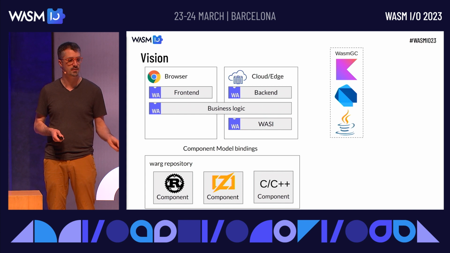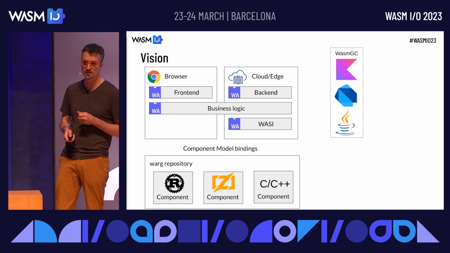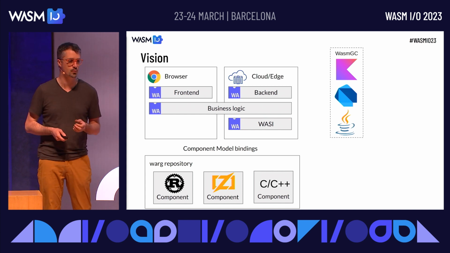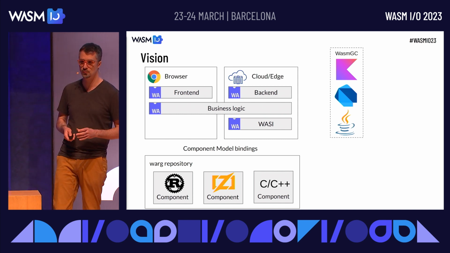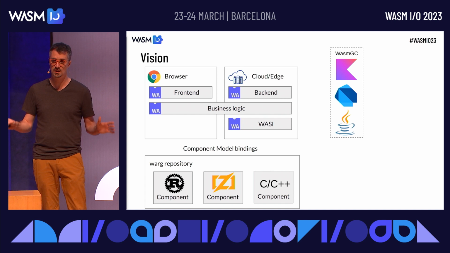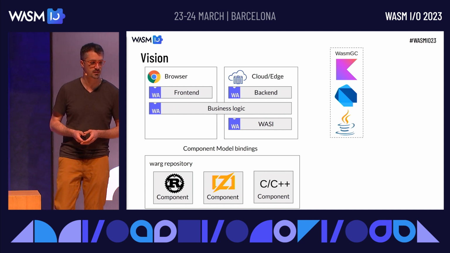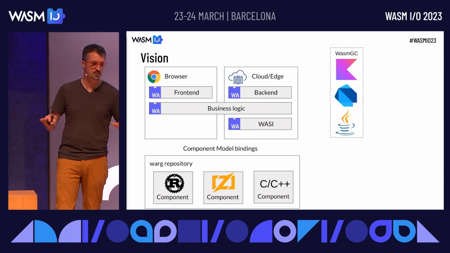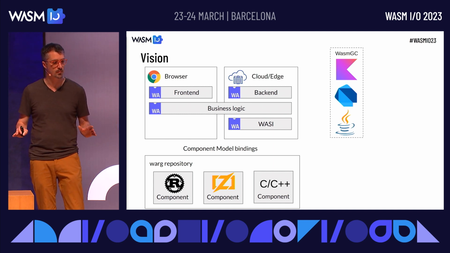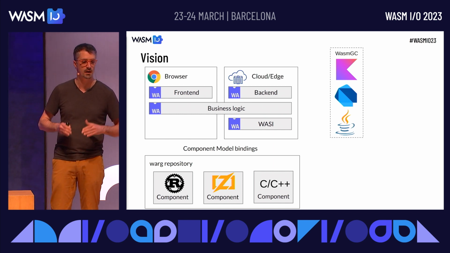Those components will be exposed via WARG repositories, which will be close to what you have with NPM in the JavaScript ecosystem, or Maven Central in the JVM world, to basically publish the various components. Maybe with WARG and WebAssembly it will be more decentralized, but the idea is really to expose some components that will be consumed by other languages.